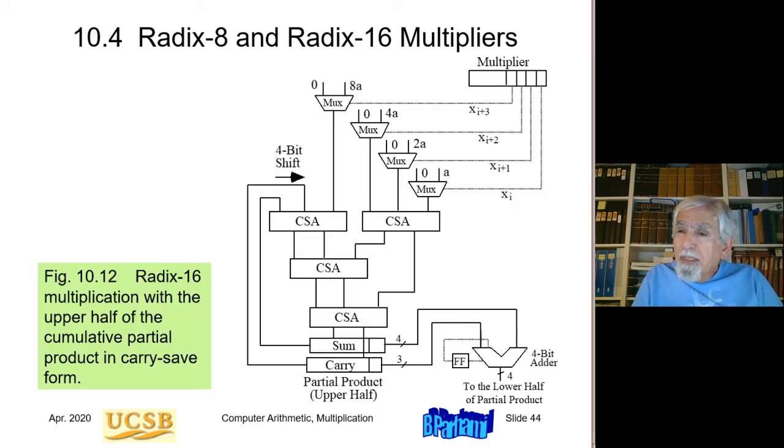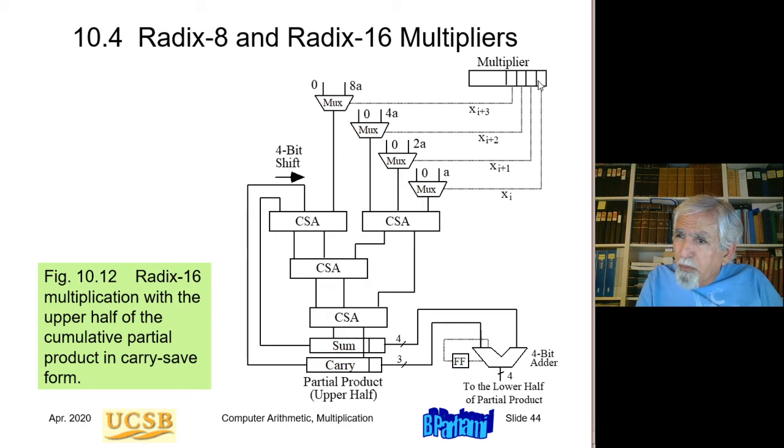Okay, well, now that we have the basic method understood, it's a very simple extension to go to higher radixes. So this is a radix 16 multiplier that handles 4 bits of the multiplier at once.